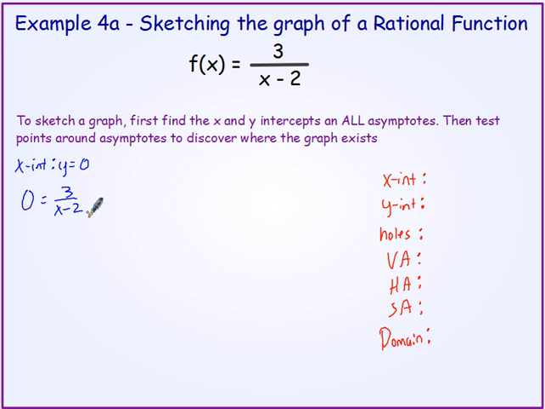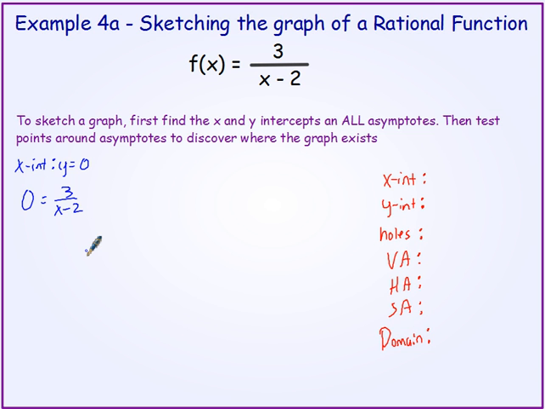Okay? And then solve for x, right? So guys, can you tell me some algebra here? How would I solve for x? What would I do to get x by itself? So this one's tricky because look, it's 3 over x minus 2. The x is on the bottom. I don't want it on the bottom.